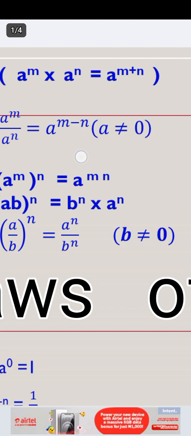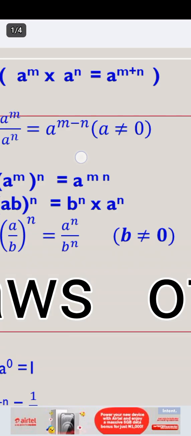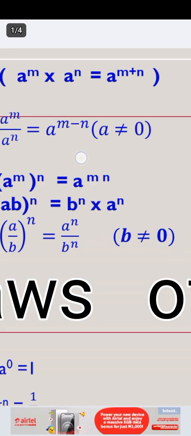Because they are in the same base, what you need to do is to add the powers. It is equal to a raised to power m plus n. So to multiply expressions having the same base, you add their powers, provided they are of the same base. This law is not used when the terms are not in the same base. You must first of all watch out to see whether the terms are in the same base.